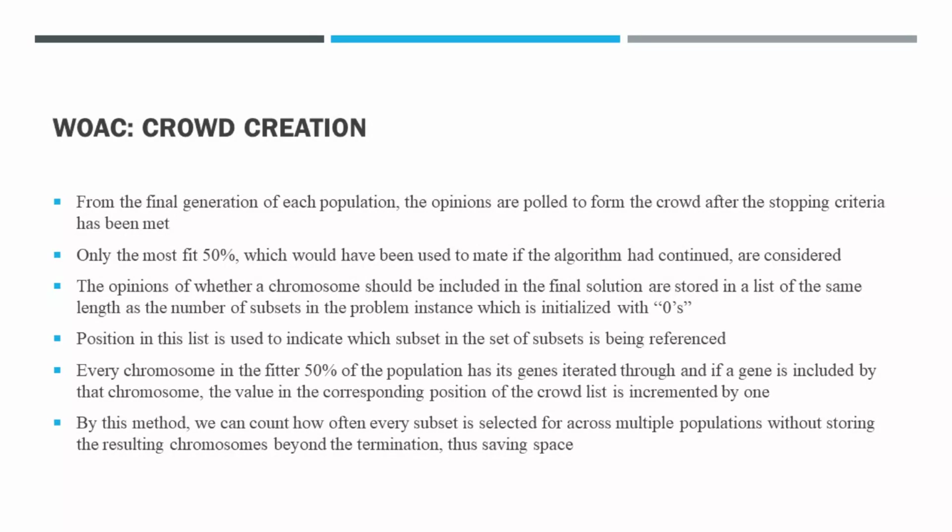Every chromosome in the fitter 50% of the population has its genes iterated through, and if a gene is included by that chromosome, the value in that corresponding position of the crowd is incremented by 1. So by this method, we can count how often every subset is selected for across multiple populations without storing the resulting chromosomes beyond the termination of each population, and by that we are saving space.